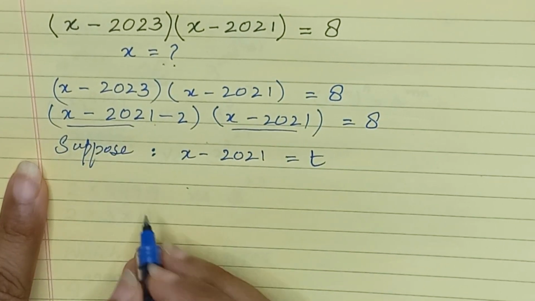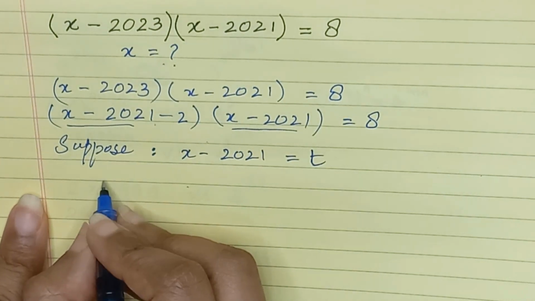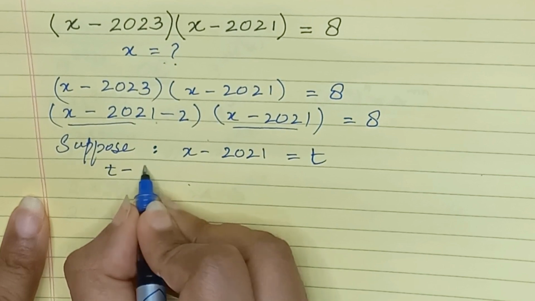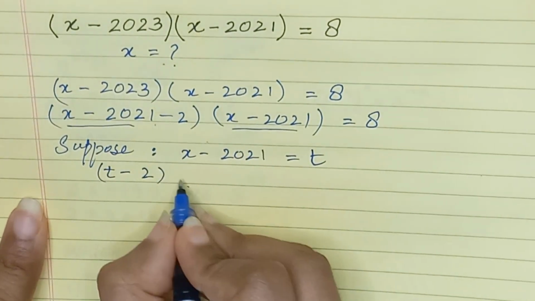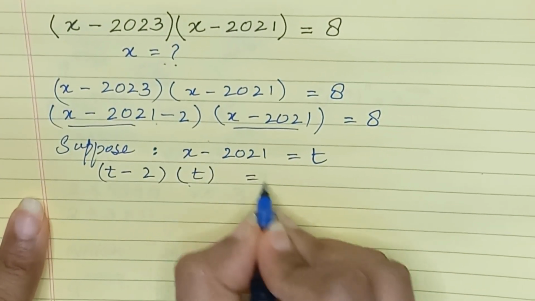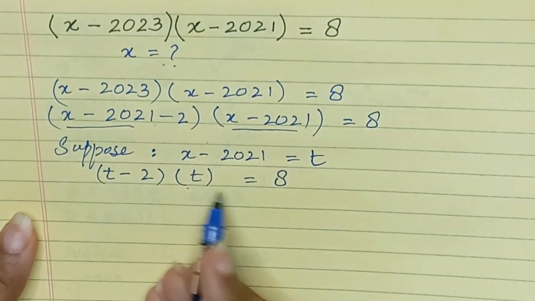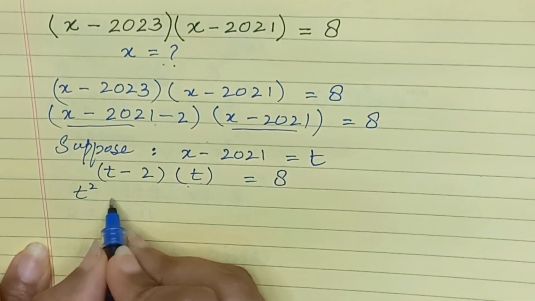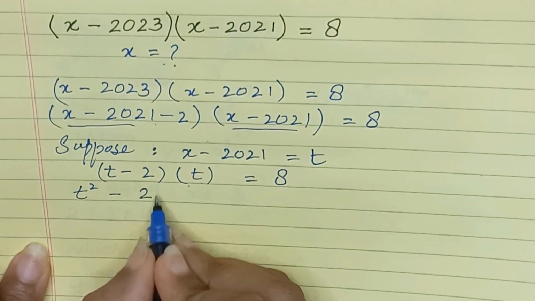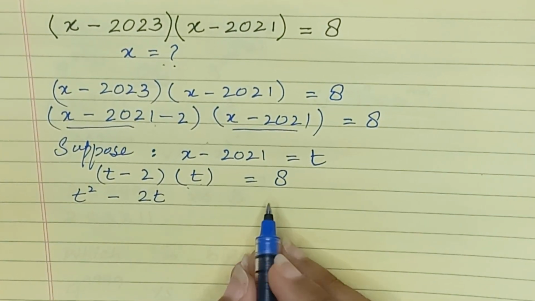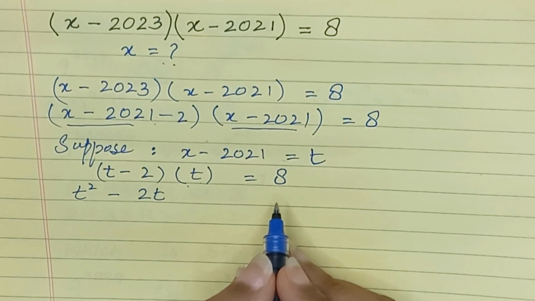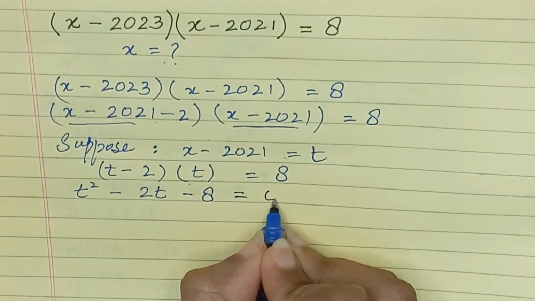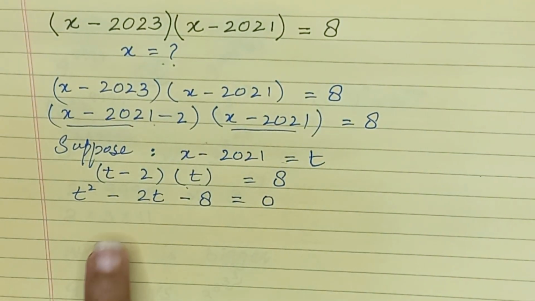So it will become (t − 2) t = 8. Now we will multiply it: t times t is t square, minus 2 times t is 2t, and we will take 8 to the left side, so it will become t² − 2t − 8 = 0.